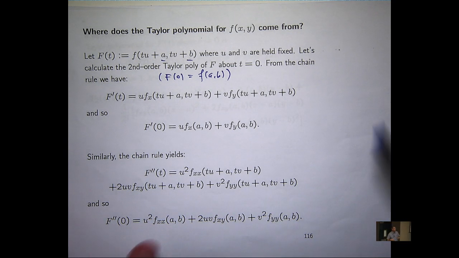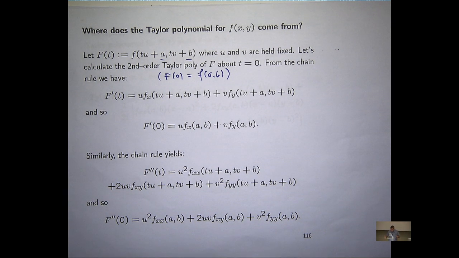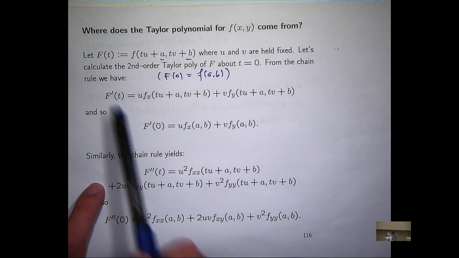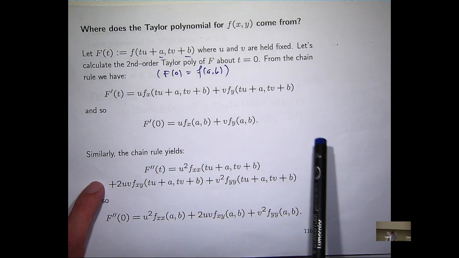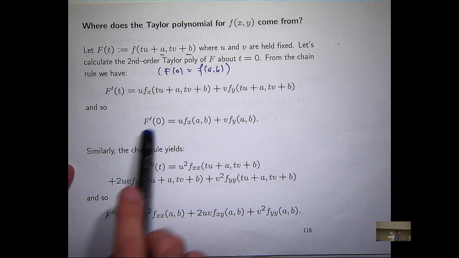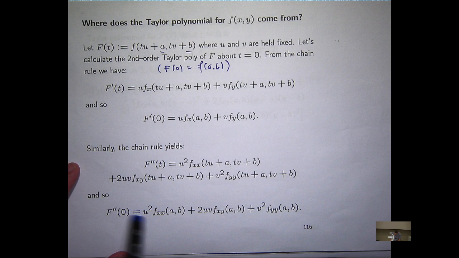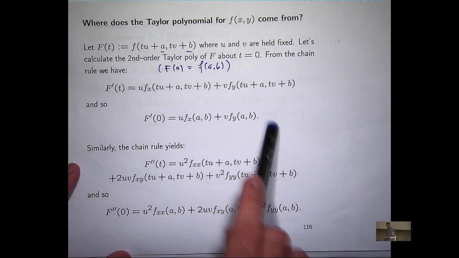Okay, go through, you get the first derivative. You might want to draw the little linking diagram that I've showed you how to draw. I'm not going to do it in this example. Once you've got the first derivative, you can, if you want to, draw another little linking diagram and compute the second derivative by applying the chain rule again. So you've got big F prime of 0, big F double prime of 0.